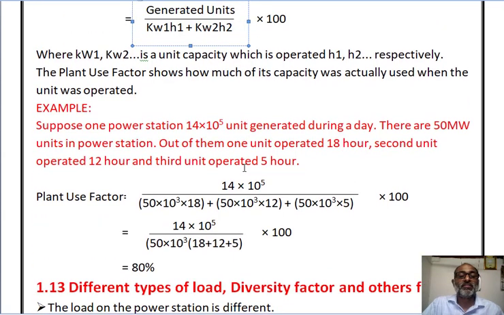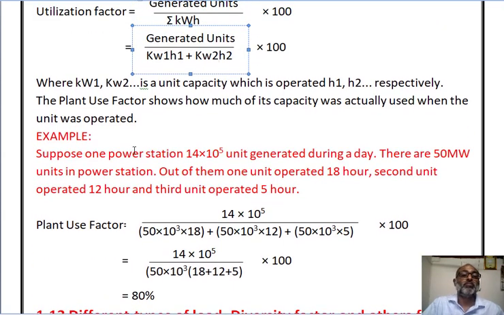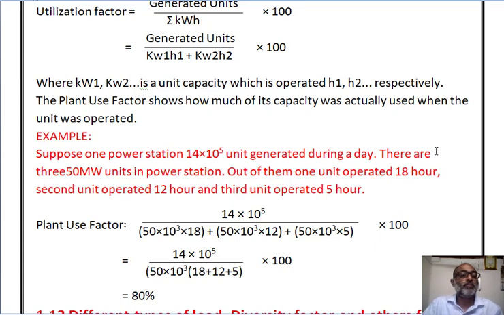Now let me see one example. Suppose a power station generates 14 into 10 raised to 5 units per day. There are three 50 megawatt units used in the power station.